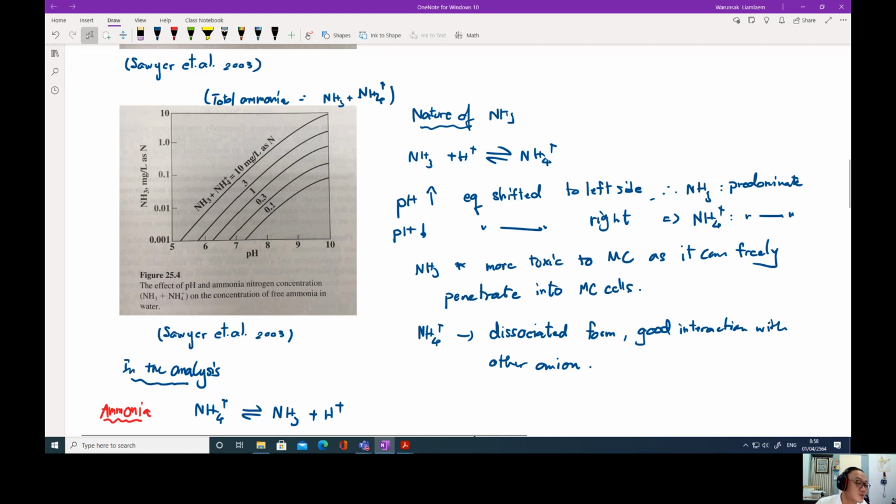It is just a combination of these two, ranging from 0.1 to 10 milligrams per liter. But at any concentration, no matter whether it's low or high, the higher the pH, the higher the concentration of NH3 that exists. You can have a look at the relationship shown in this figure.